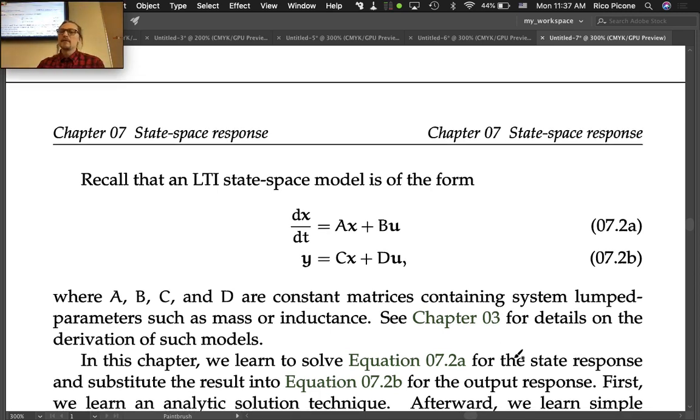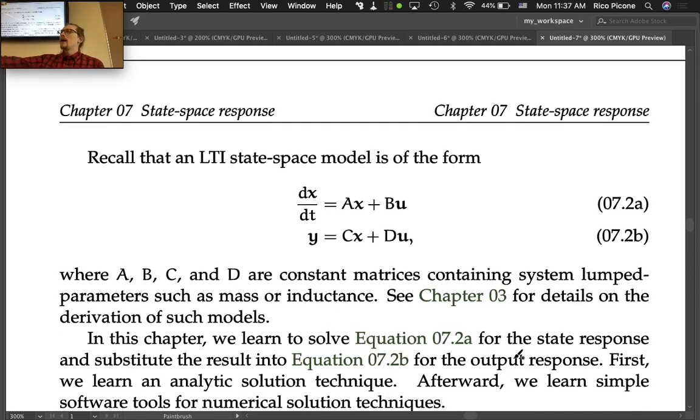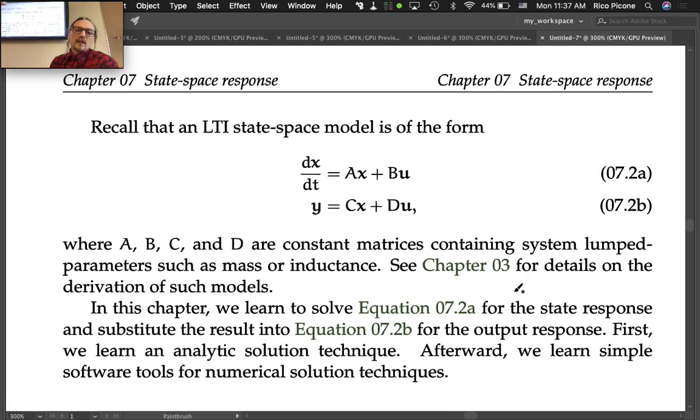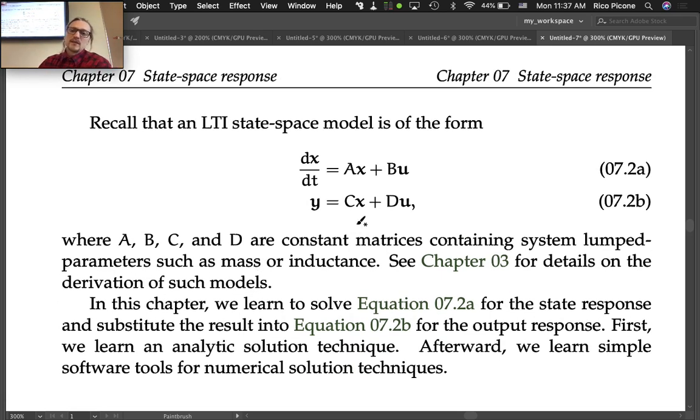We learned how to derive these from linear graph models in Chapter 3, and so we've learned how to create these, and now we're going to learn how to solve them for the state response, and then substitute the result into the second equation. So we're going to solve 7.2a and substitute the result for x into 7.2b. That's our goal here.